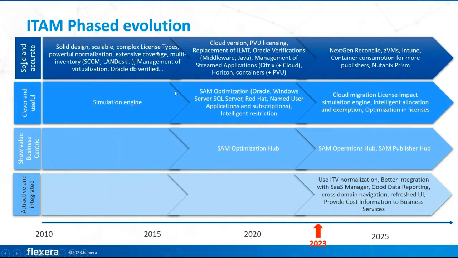Being solid and accurate has been forever a strong strength of the tool. I put a timeline starting in 2010, joined in 2013, and up to now. What I wanted to show is that we are expanding this solid design to additional value. Being clever and useful is, of course, a very important thing.